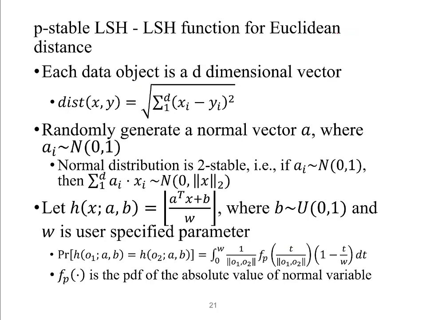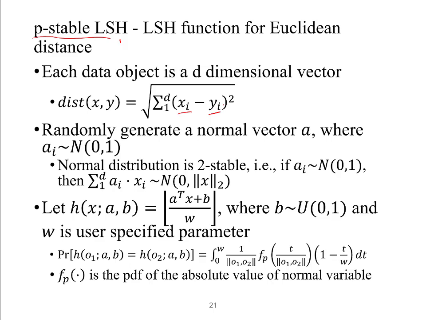All right. And for the last part, let's look at the LSH function for Euclidean distance, which is called a p-stable LSH. So now, each data object is a d-dimensional vector, and the distance function we're using here is the Euclidean distance function, where xi and yi are the ith element of x and y.